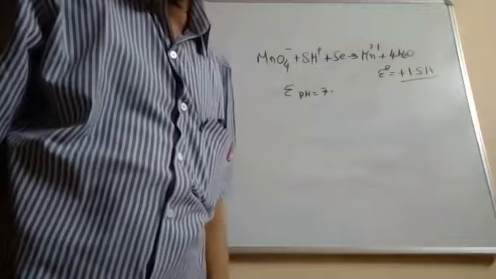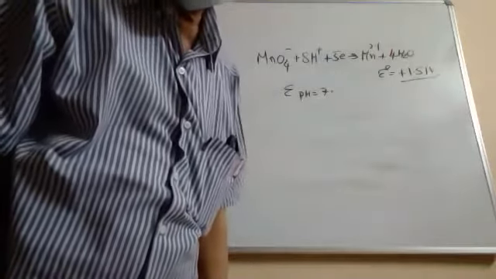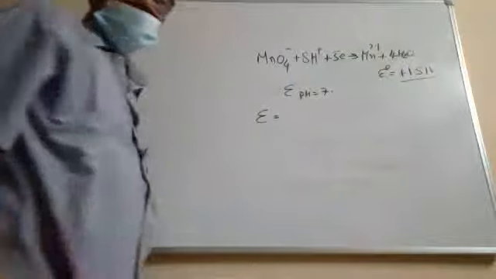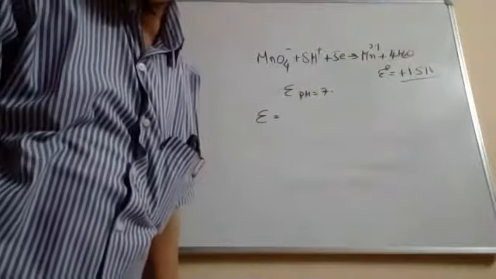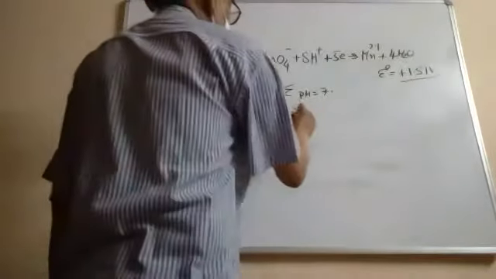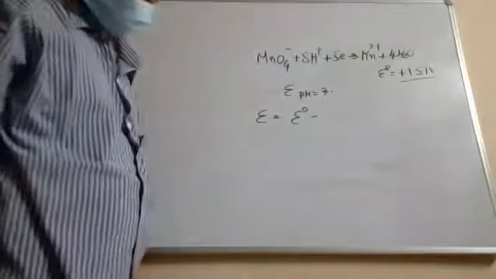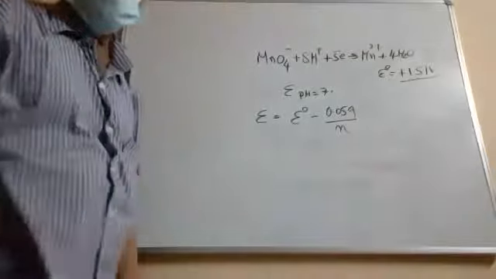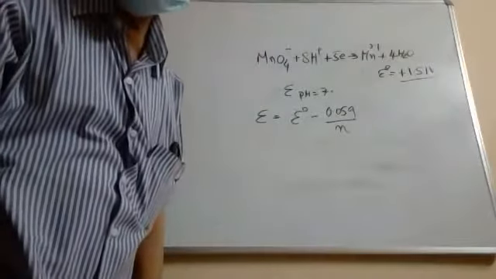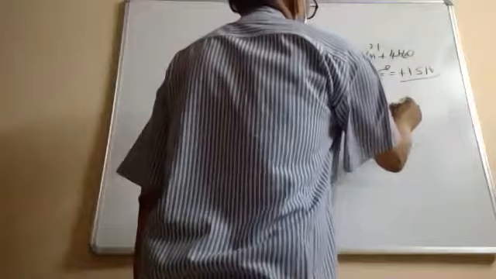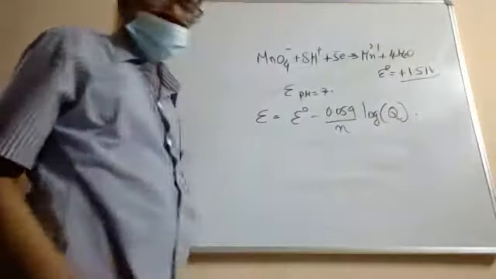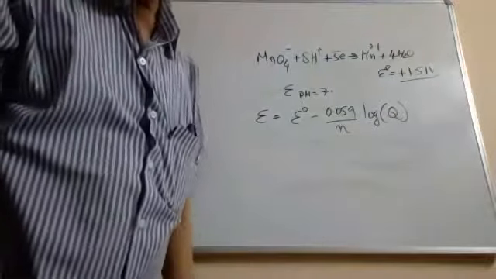We use what we call the Nernst equation, which basically tells us that the non-standard state potential is the standard state potential minus 0.059 divided by n, where n is the number of electrons involved in the redox process, times log of Q, where Q is the reaction quotient.